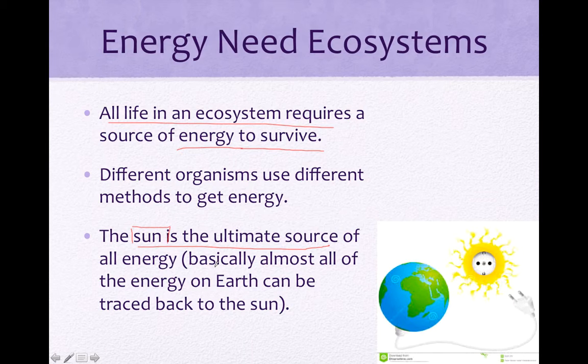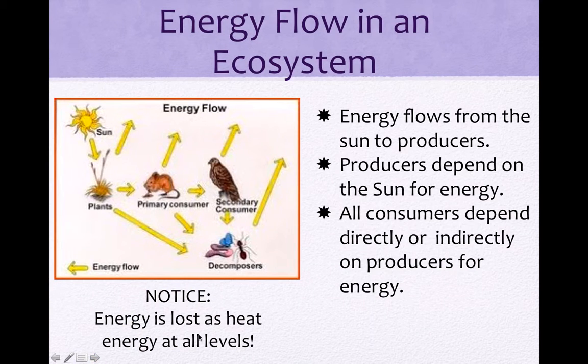Now necessarily we don't need it directly, but we do need it in some indirect way as humans. So here's what that looks like. Humans get our energy from, hopefully you can already put this down, but where do humans get our energy? We get our energy from the food we eat. And sooner or later, depending on what type of food we eat, that food gets its energy from other food, or it gets its energy straight from the sun.